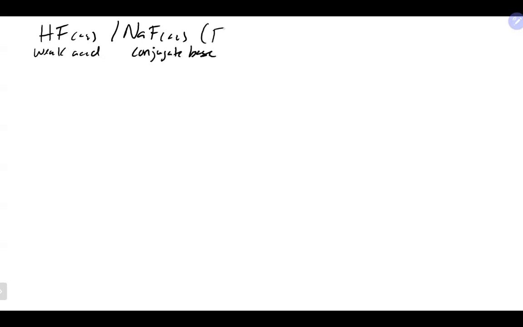Let's use HF, which is a weak acid, and sodium fluoride, which is its conjugate base. So this is a weak acid and its conjugate base. And if you can't see the conjugate base, the sodium is not really doing anything. It's really F minus, which is the conjugate base that's happening here.